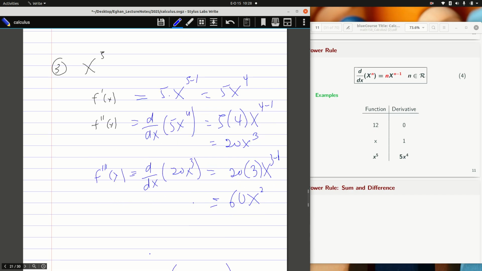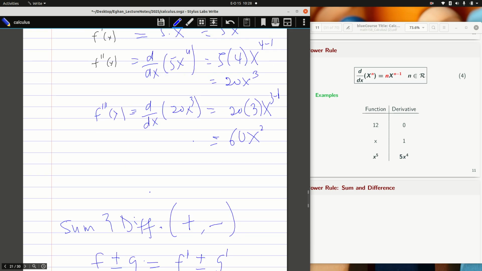You can go on and on to get the derivative to be 0, and that is how simple the power rule is. Now let's take a case where I have 2 x to the power 0.3.